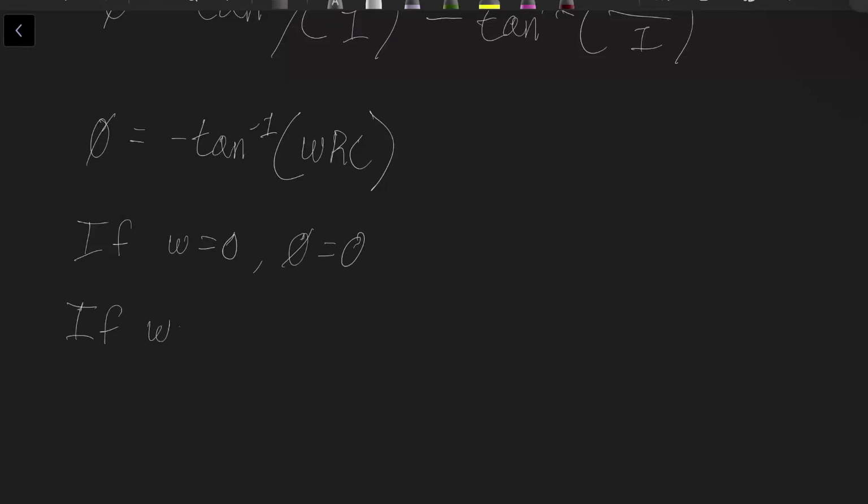If omega is equal to 1 over RC, we're going to have the negative inverse tangent of RC over RC, which is equal to the negative inverse tangent of 1, which is equal to negative 45 degrees. Right? And that makes sense because we know that our poles and zeros are going to give us a 45-degree shift at our cutoff frequency, right?